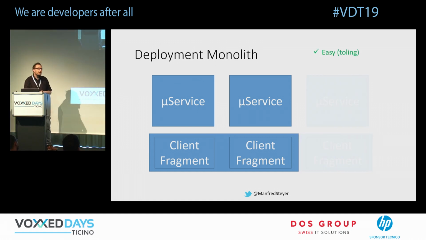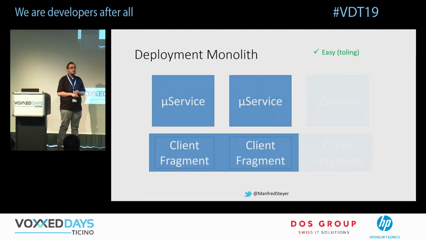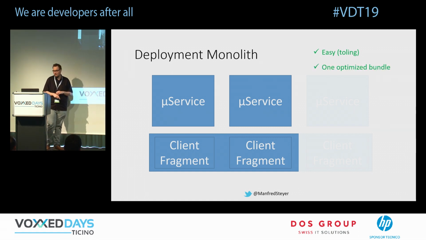So there are several advantages and disadvantages as always. One advantage is this is very easy, because this is exactly how current single-page application frameworks are supposed to work. They are supposed to provide a single-page application. That's why they are called single-page application frameworks.